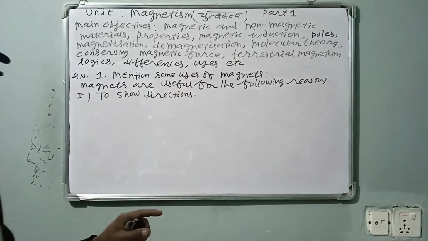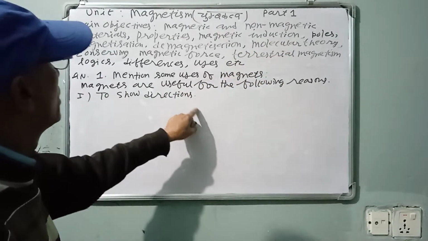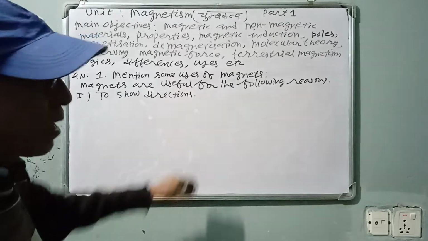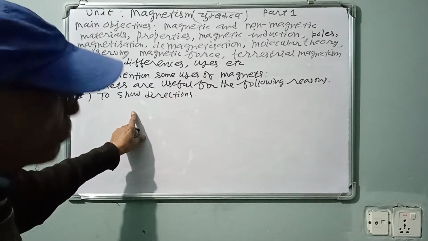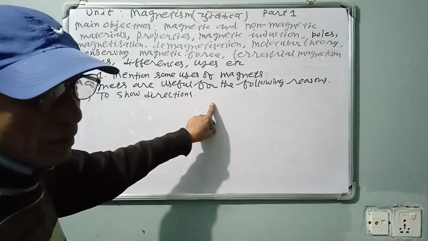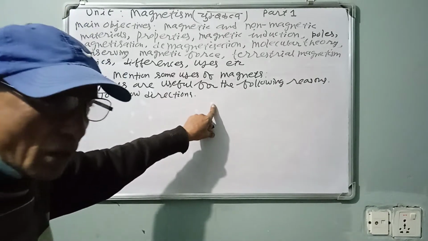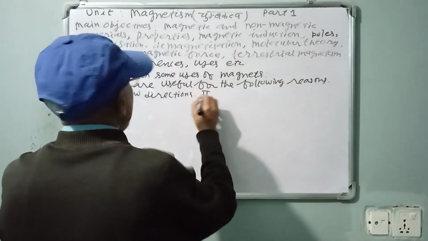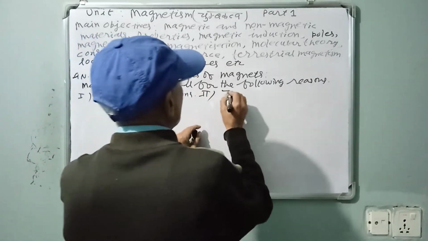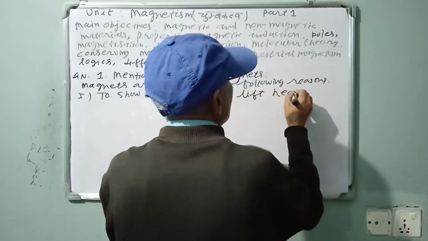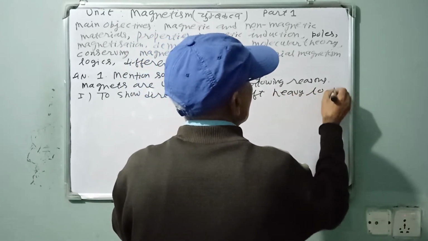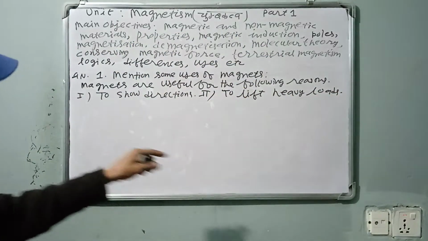Especially if you know the north direction, you can easily find out other directions, especially for the navy and people wandering around the jungle or forest. To show direction, to lift heavy loads by using magnets.